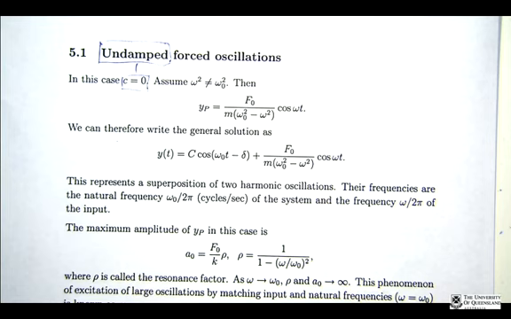So when I'm talking about the natural frequency of the system, as you remember on the previous page, we defined omega naught in terms of the spring constant K and the mass of the object attached to the spring. Okay, so omega naught is defined to be the square root of K on M, and this is what we're calling the natural frequency of the system.